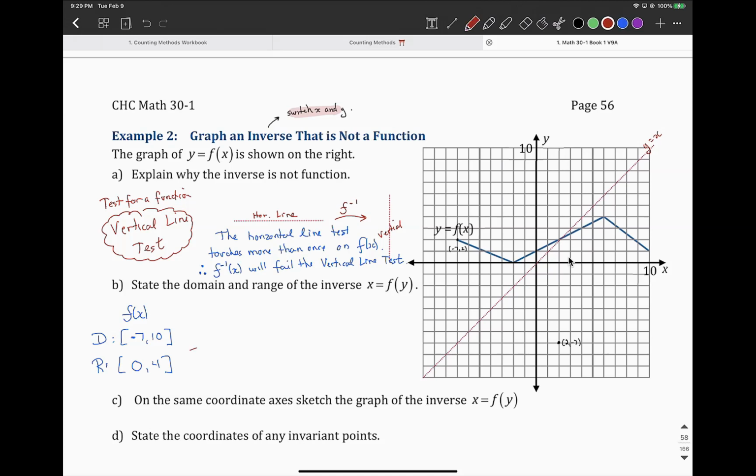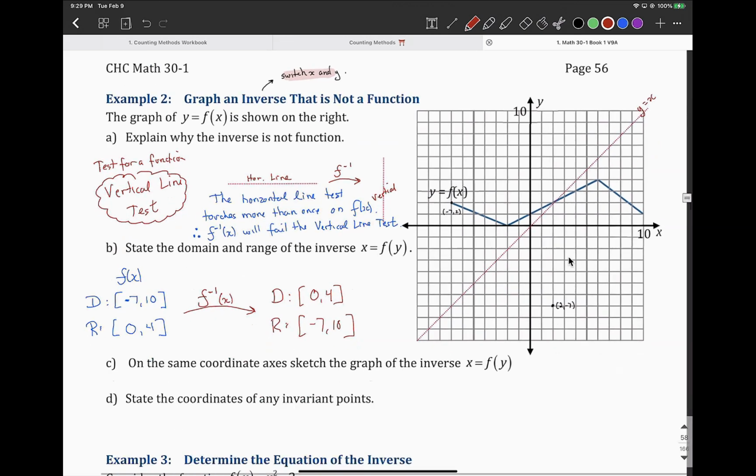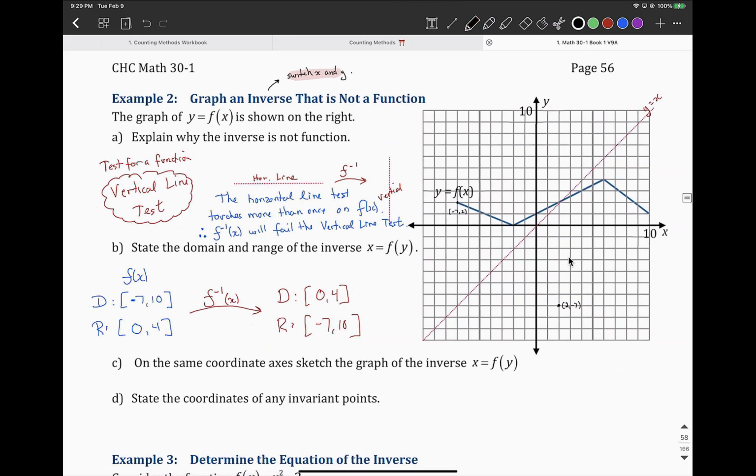So I can confidently predict that if we inverse this information, the domain and range, like coordinates, will have all x's and y's switch. So the domain is 0 to 4, and the range is -7 to 10. Let's see if all of these predictions work when I move all of these coordinates.